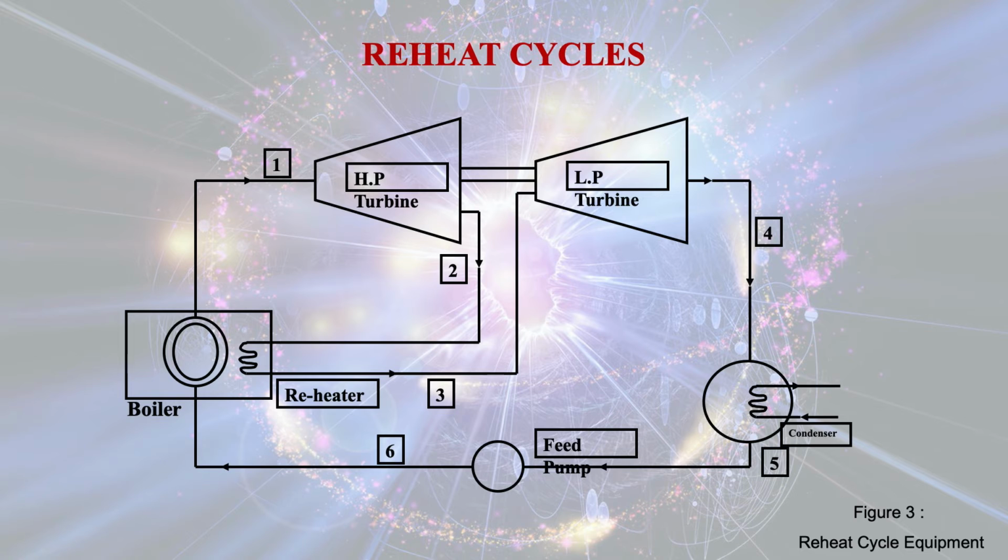After that, the steam coming out from the high pressure turbine is further heated with the help of the reheater, and after that it is sent to the low pressure turbine, where there is further expansion of the steam and work is also done by the low pressure turbine.